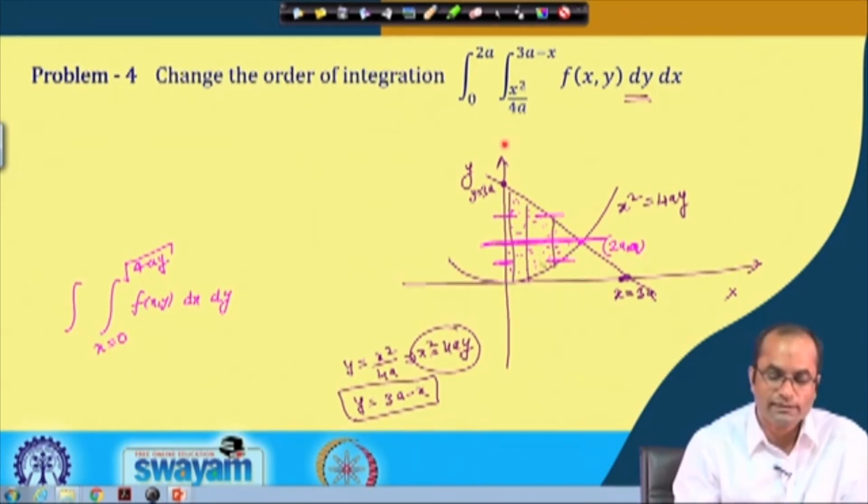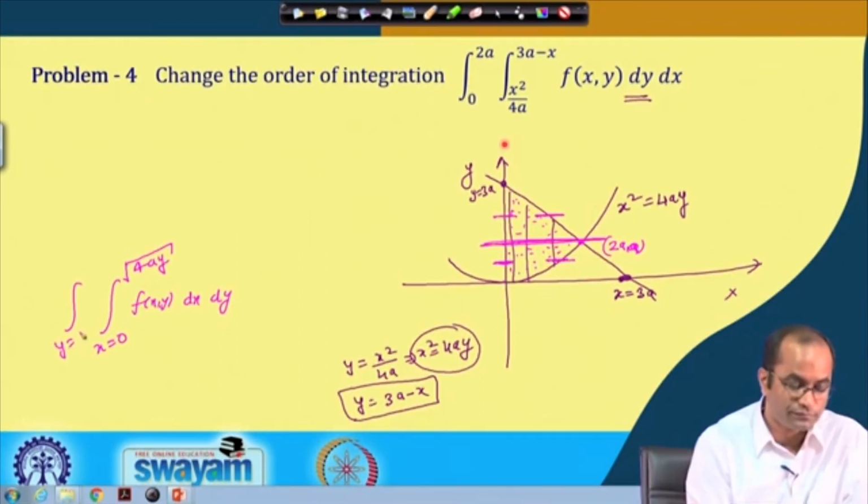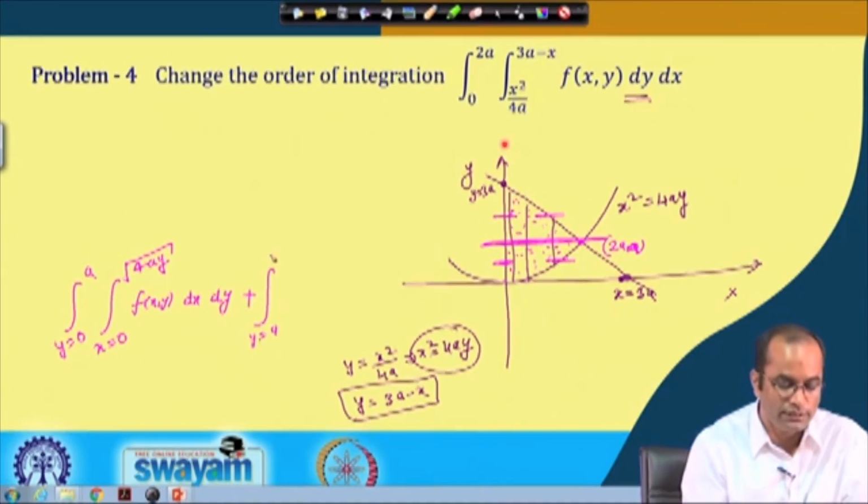So, up to this point y is equal to a. So, y goes from 0 to a, and then plus y from a to 3a.